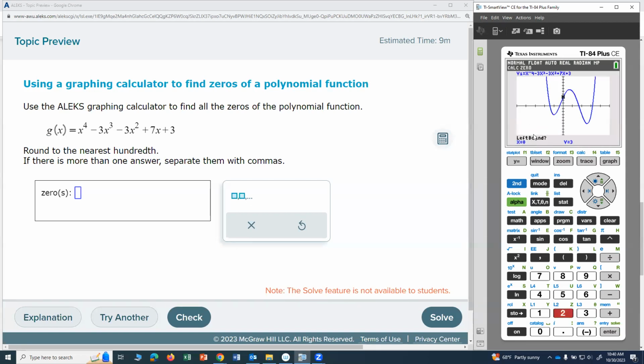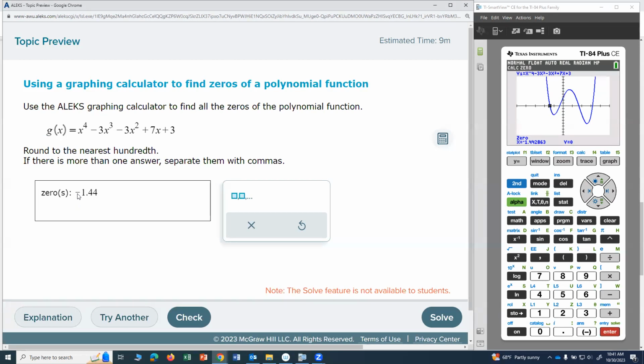Now, just like with the Extrema, it asks me for a left bound and right bound. So I want to make sure on my graph, I'm going to the left of one of the x-intercepts and to the right of that same x-intercept. We have to do them one at a time. And it says guess, so I hit enter.